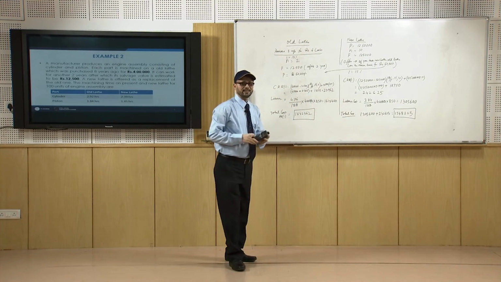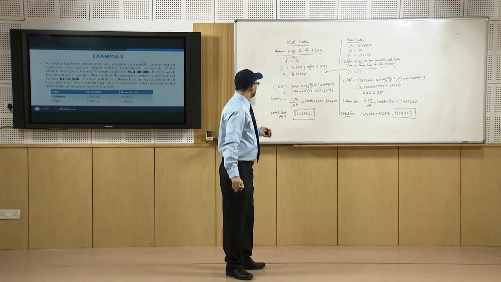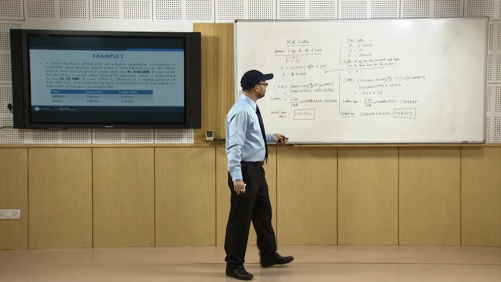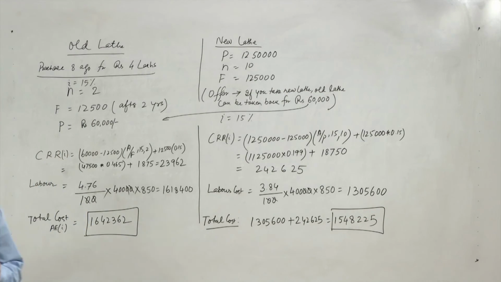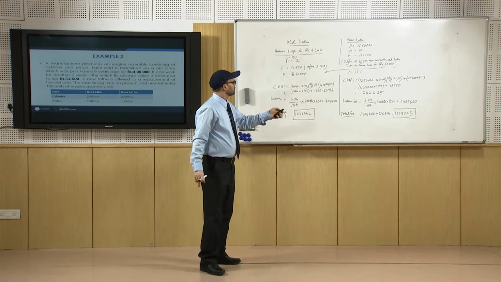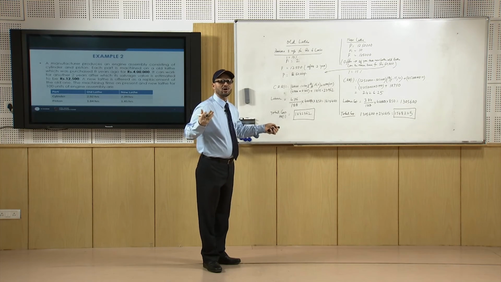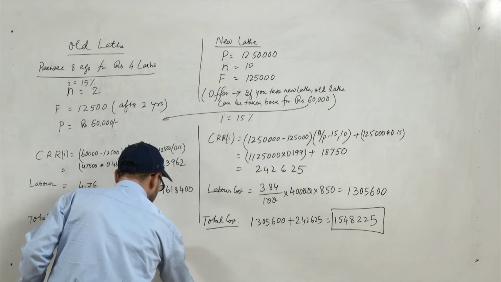Now, let us see that in this case you have the total cost coming out to be 16,42,362 and here it is 15,48,225. So, we see that the challenger is operating at a lower cost and that is why replacement is suggested.